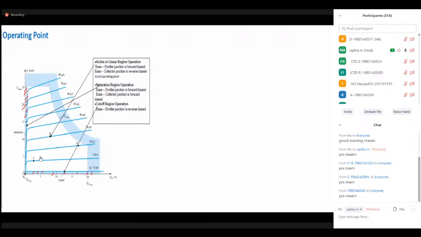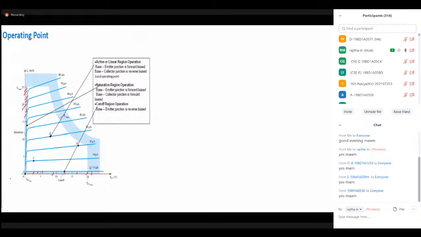With VCE equal to 0 itself, we have saturation, with the highest amount of collector current. How can we have that highest current flow with VCE at 0? It doesn't depend on the collector to emitter voltage, because the output junction is reverse biased. Now we move towards negative voltages.